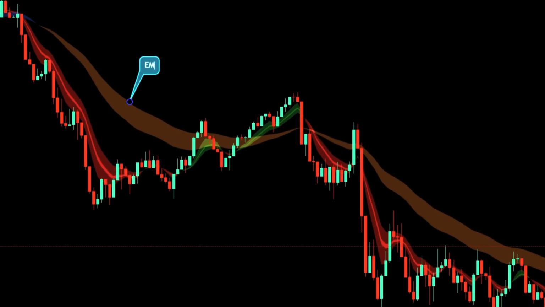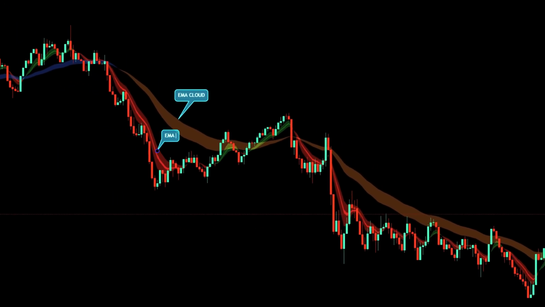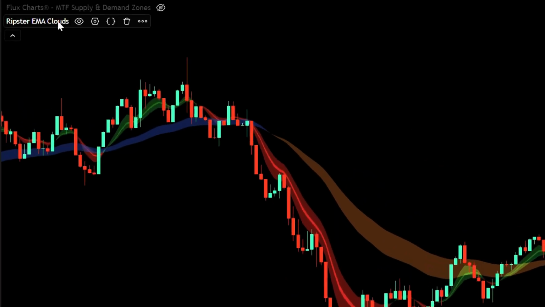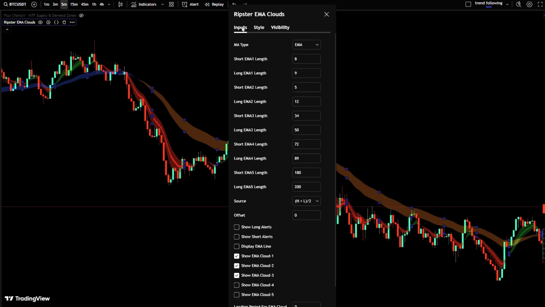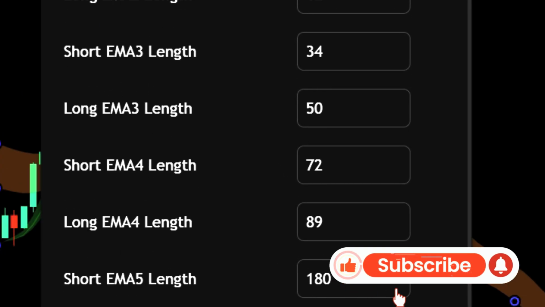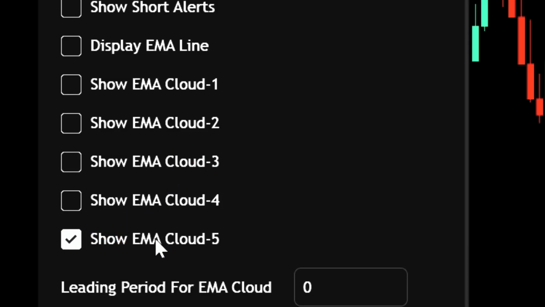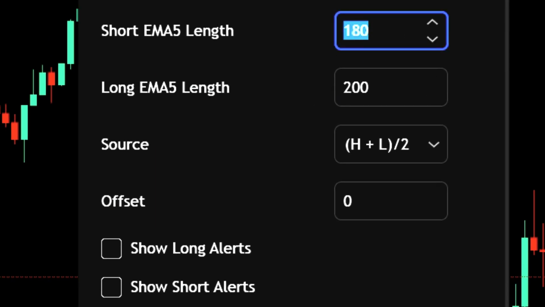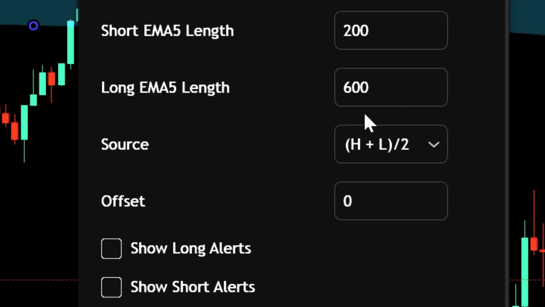It's going to look messy. Go into the Rapster settings and only enable the EMA 5 cloud. Then change the EMA 5 lengths to 200 and 600. That's it. This giant cloud is now our North Star.